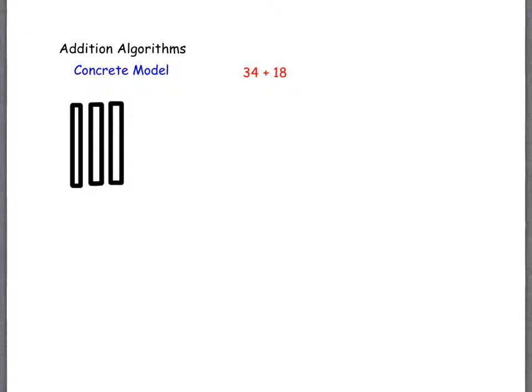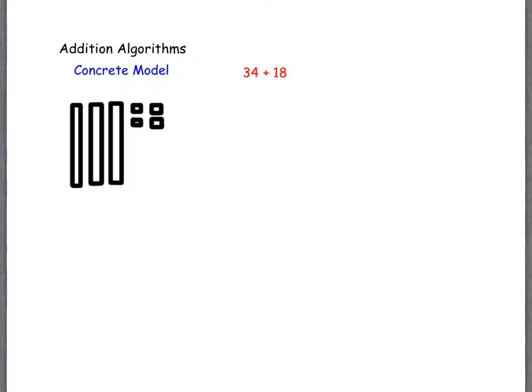Okay, so 3 of these pieces that are long, and we've talked about these in the last section, right? The longs, didn't we? I'm not making that up, am I? Okay, good. I'm glad that I talked about that once before. And then we'd have 4 of the little units. Okay, so that's 34.